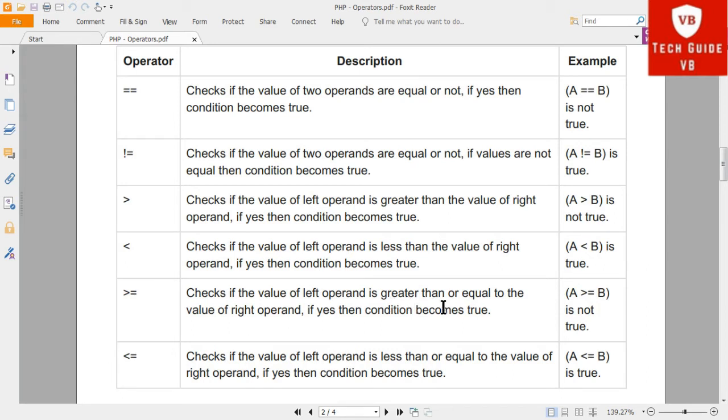Equal values are also considered in this case. So less than or equal to checks if the value of the left operand is less than or equal to the value of the right operand. If yes, then the condition becomes true. A <= B is true.